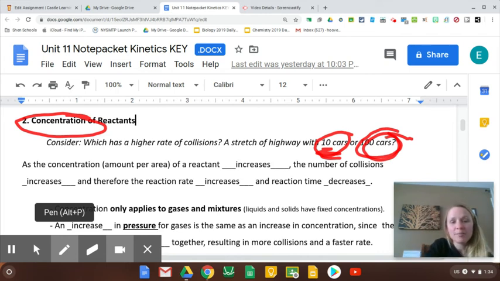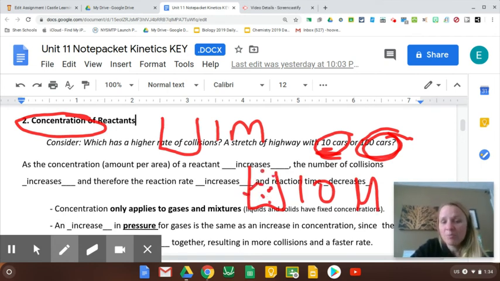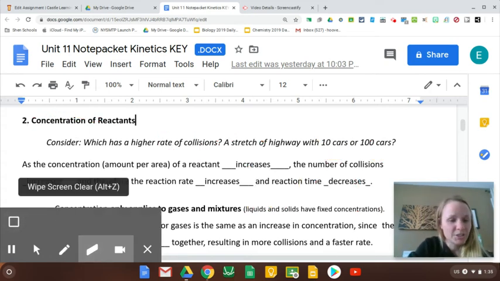So if you see something like a 1 molar solution, where there's not that much stuff in there, or a 10 molar solution, where there's more stuff in there, that means they put more lemonade in the lemonade mix and there's more stuff to react and they're more likely to bump into each other, right? So concentration again means how much is there? Did you make really concentrated lemonade with lots of little particles that can bump into each other, or did you make really watered down lemonade with not that many particles? All right, so that's concentration.